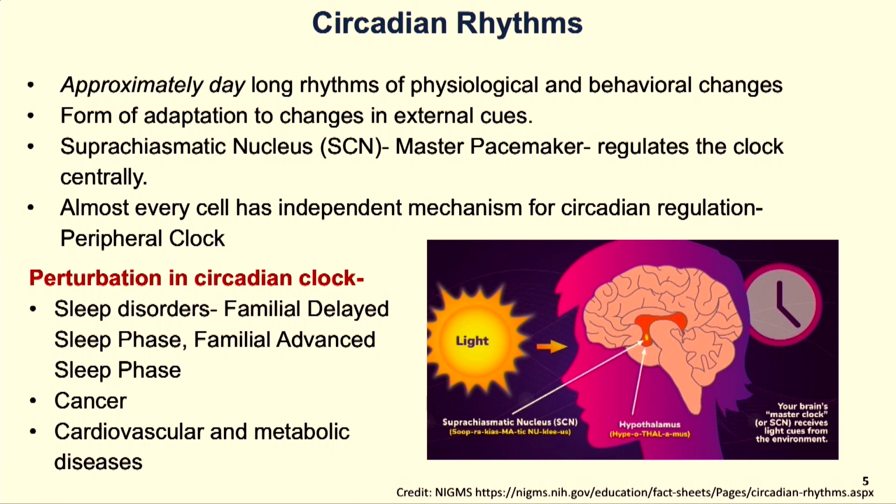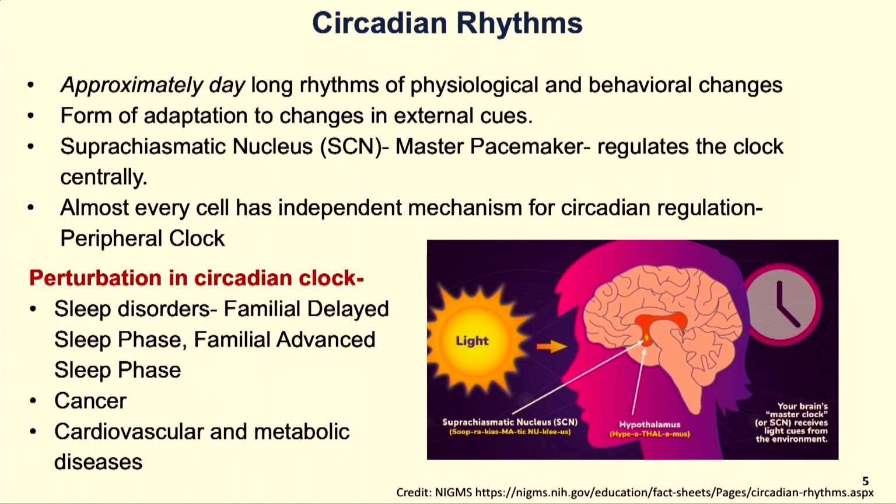These are more apparent in higher organisms, but they have also been recently found in prokaryotes, for example. And these are a form of adaptation. As the day goes by, there are so many environmental changes from morning until night, and all organisms have to adapt to these changes. So these are a form of adaptation to changes in external cues.